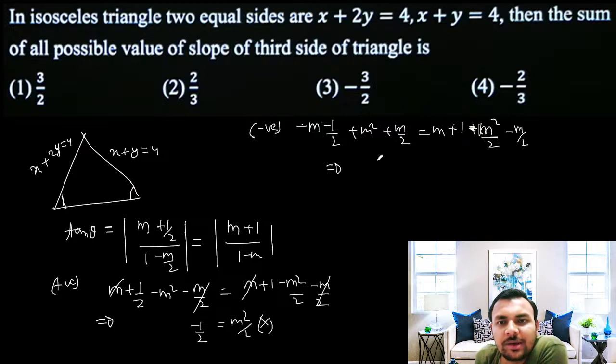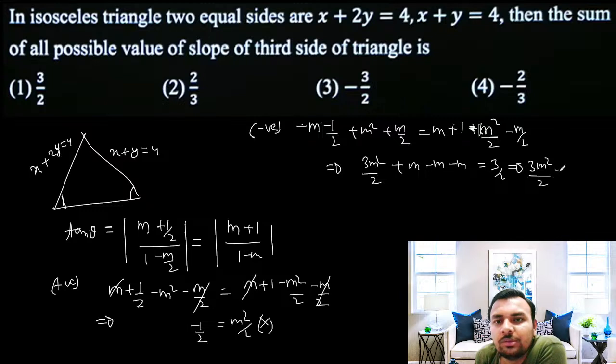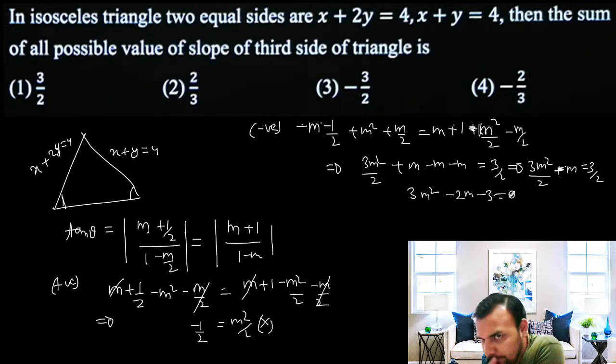This time it will become 3m square by 2 minus m minus m, and this is 3 by 2. So you are simply getting 3m square by 2 minus m equal to 3 by 2. So we can say it is 3m square minus 2m minus 3 equal to 0.